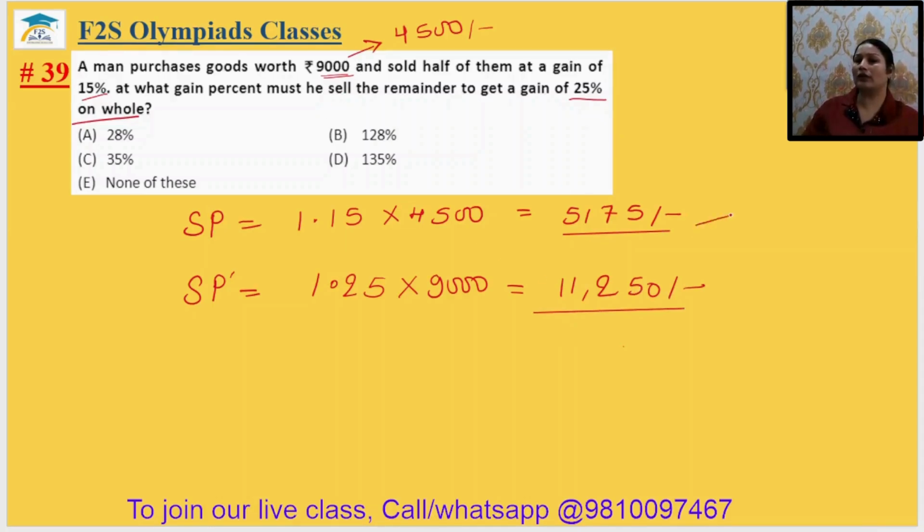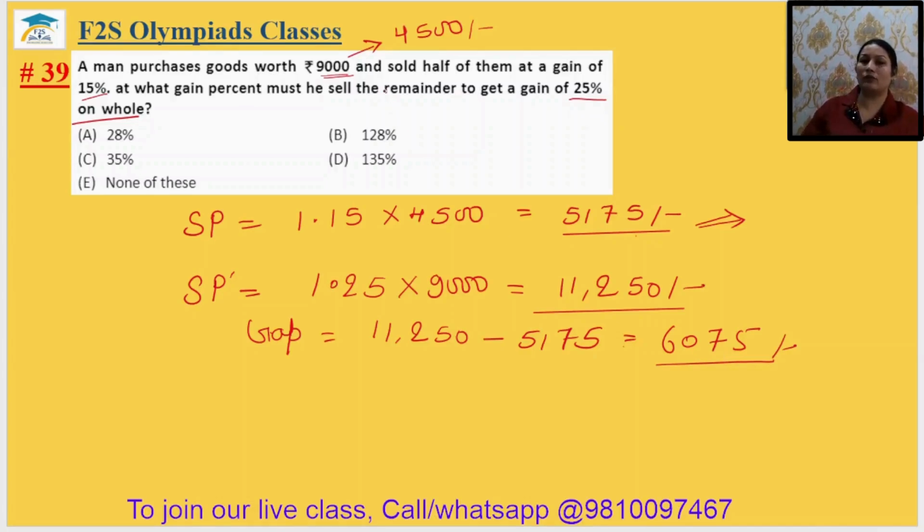He had already earned this money, 5175. So the gap that remains, the amount he wants to earn, is 11,250 minus 5175, equal to 6075. Now he wants to earn 6,075 on the remaining 4,500.